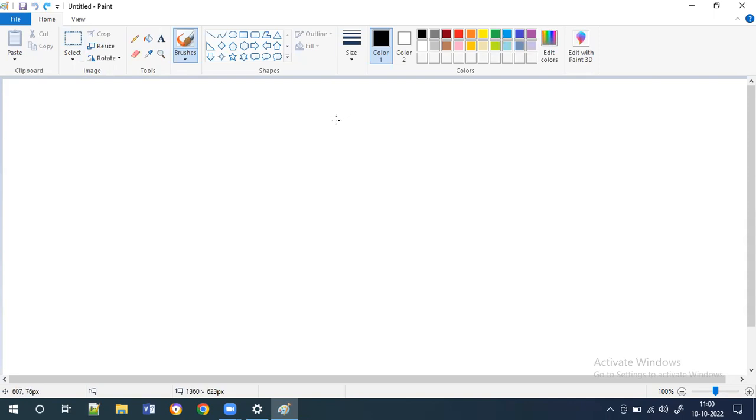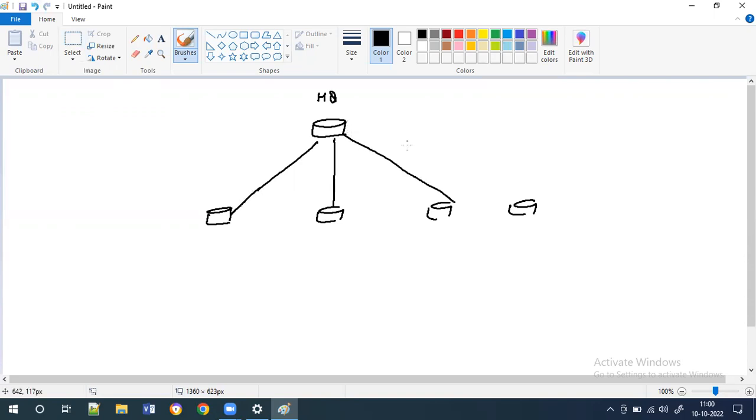So let's suppose I have a branch here. This is my headquarter, and this headquarter has some branch offices: branch 1, branch 2, branch 3, branch 4.